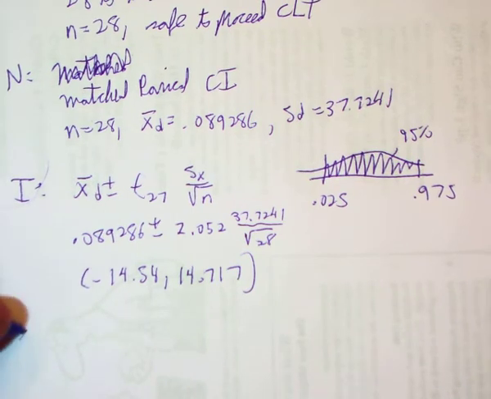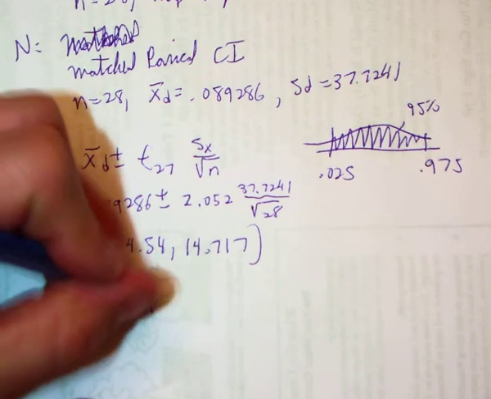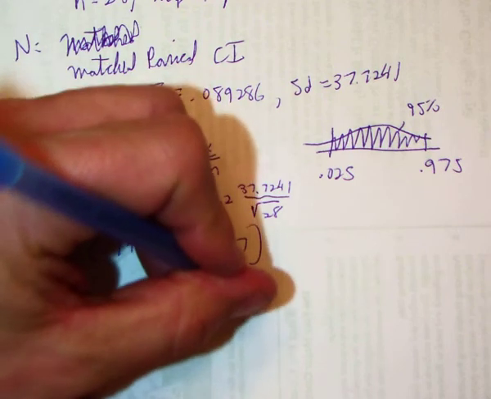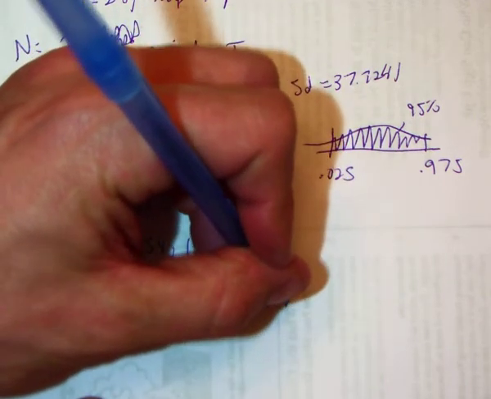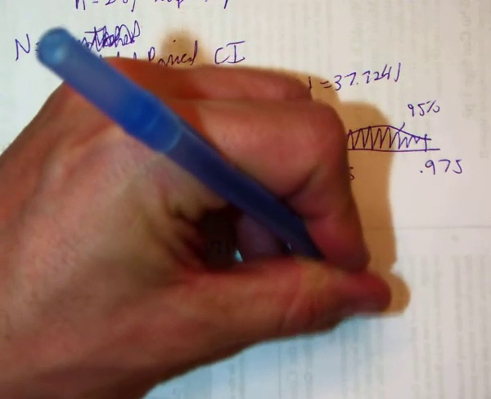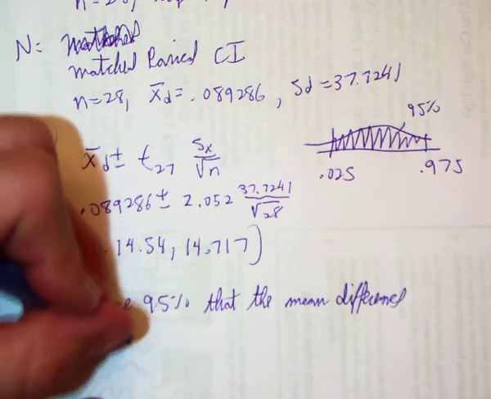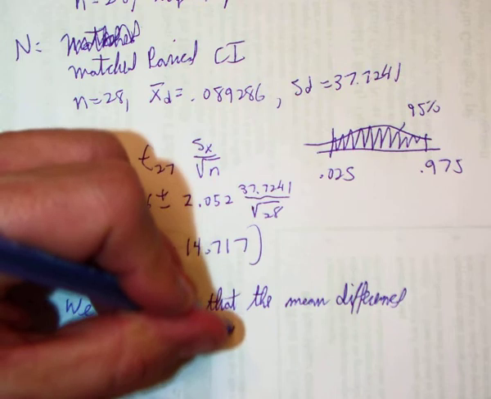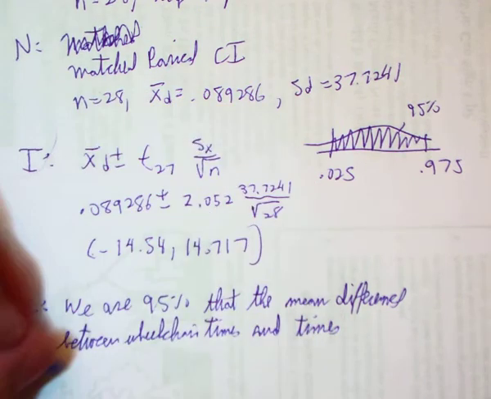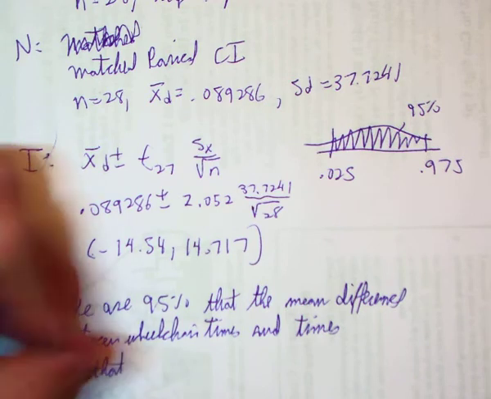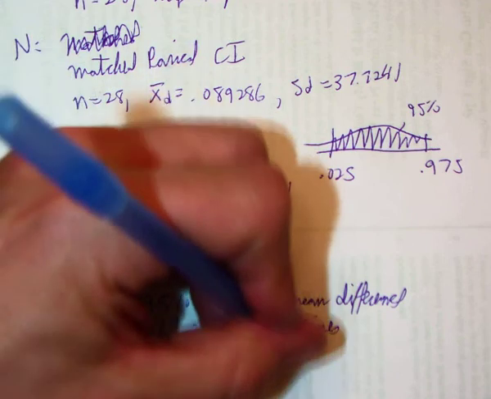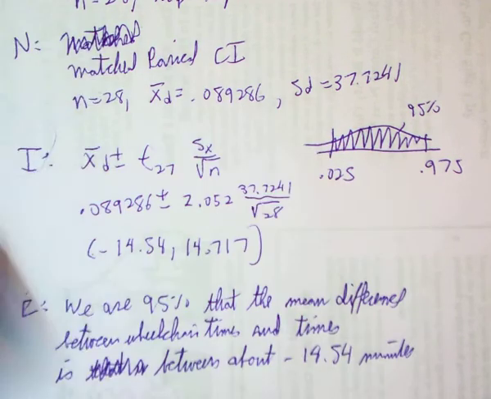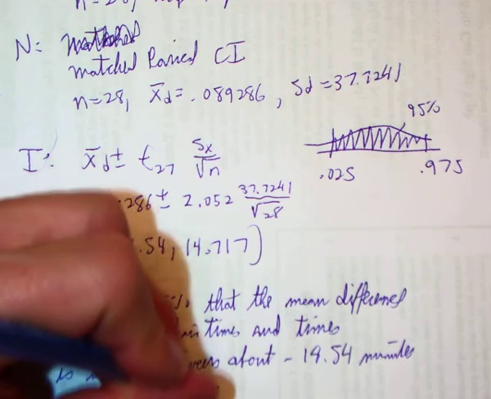Okay, so the conclusion is we are 95% confident that the mean difference between wheelchair times and run times for women is between about negative 14.54 minutes and positive 14.72 minutes.